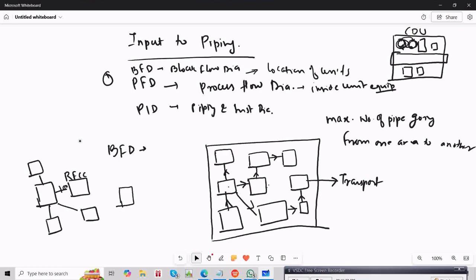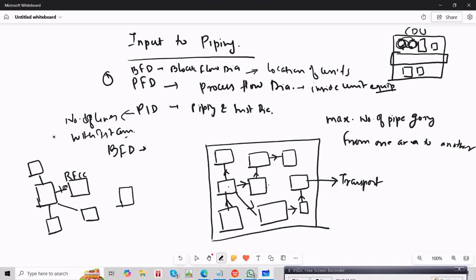Now in the PNID, what are you going to identify? The PNID will give you the exact number of lines with instrument connections.